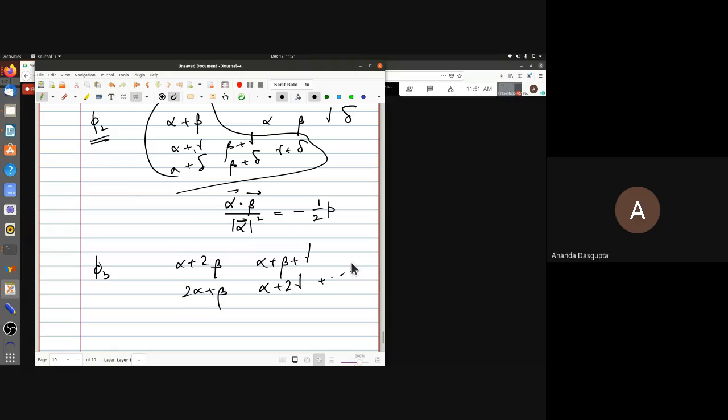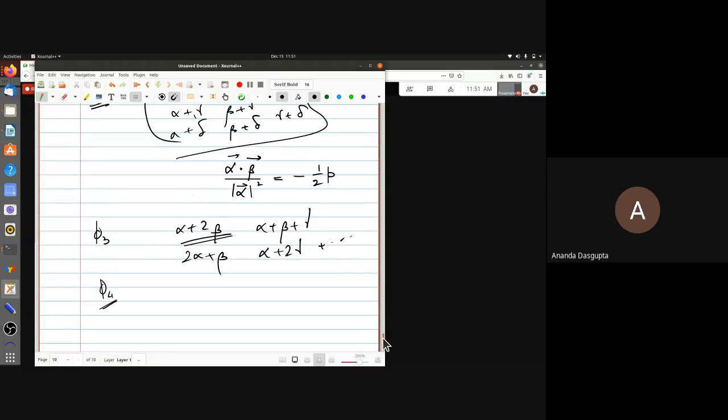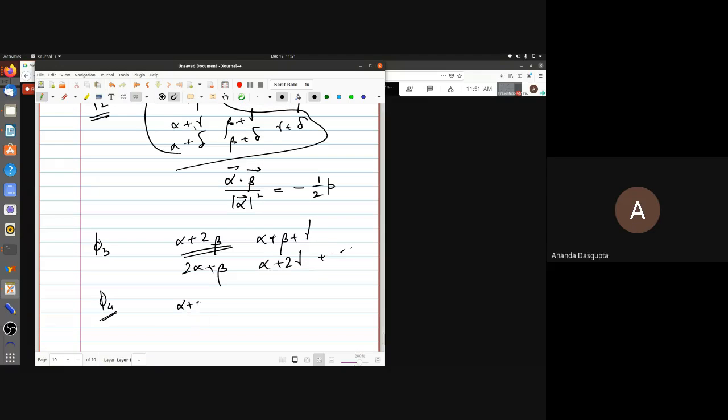So now the question would be, suppose I know alpha plus 2 beta in phi 3 is a root. Can I use that to get a vector in phi 4? The answer is yes, because all you have to do is take alpha plus 2 beta, which I know is a root, dot it with alpha.